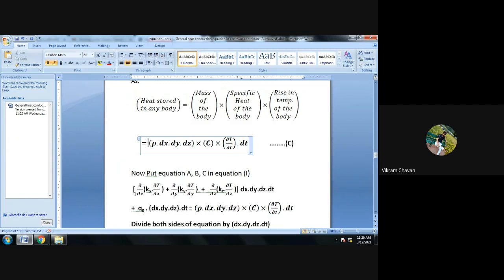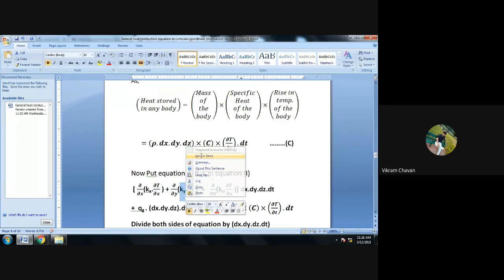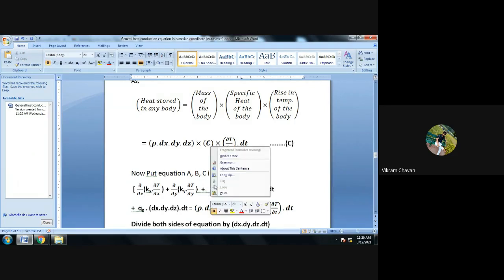partial differential with respect to x of k suffix x multiplied by partial T by partial x, plus partial differential with respect to y of k suffix y multiplied by partial T by partial y, plus partial differential with respect to z of k suffix z multiplied by partial T by partial z, whole bracket complete.